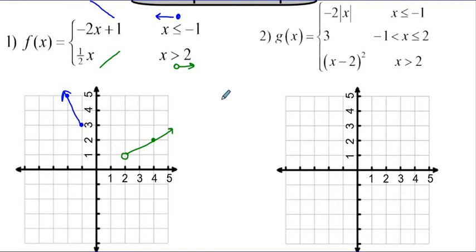So the other way, when you get a little better, is to do it like this. That's a great way to start, and some students just like one way versus the other. The other way is to figure out where this point actually is. So the way you would do that is you would take -1 and plug it into here. If we plug -1 into this function, we would have positive 2 plus 1, which would be 3.